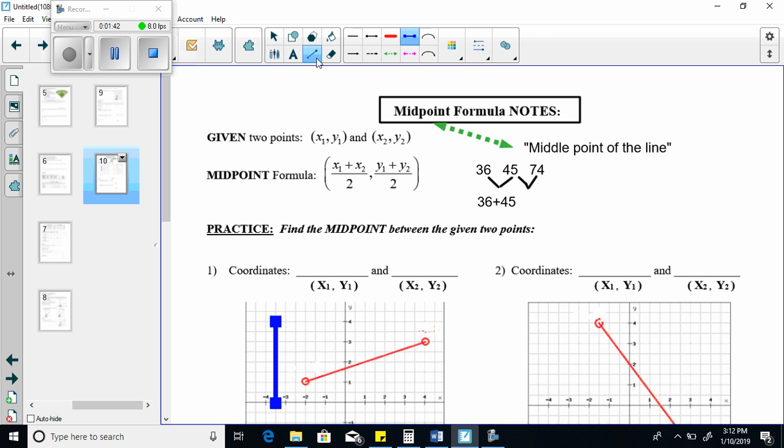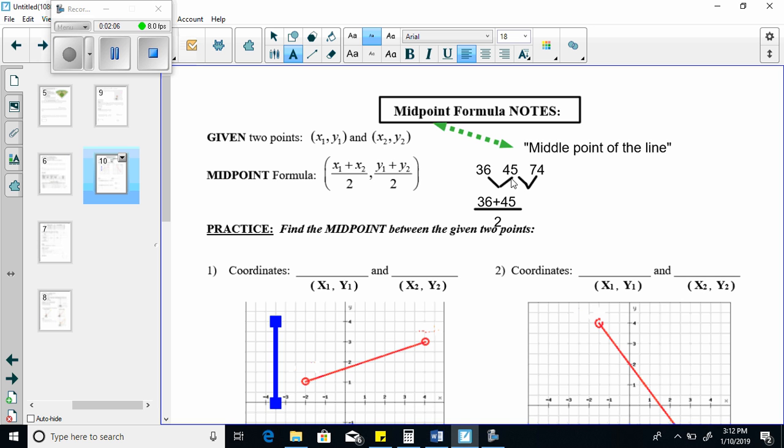Awesome job, guys. You would add them and then you divide by 2 to find the number in between them, right? This is also called the average of the numbers. If we add 2 things and divide them by 2, we're finding the average. Okay, so the middle number here would be 40.5.